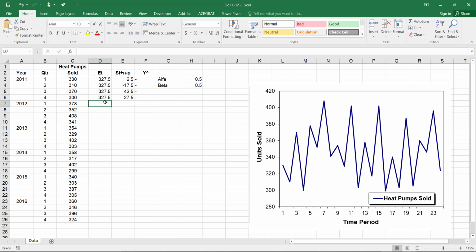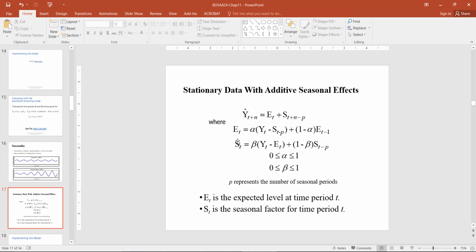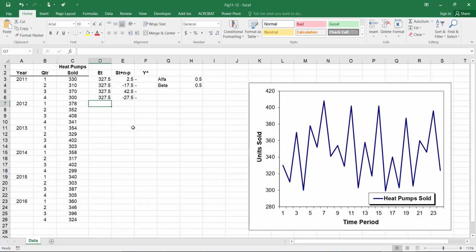But from now on, we have to use the formula for the expected level and seasonal effect, which, as we just explained, is: expected level is alpha times yt minus st-p, plus 1 minus alpha. So let's implement this one. Expected level is alpha times, let's fix this, y time minus st-p, which right now we are at time period 5, and minus 4 becomes 1.